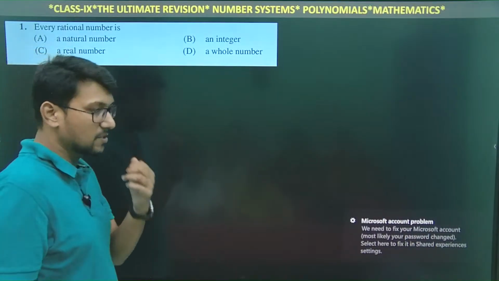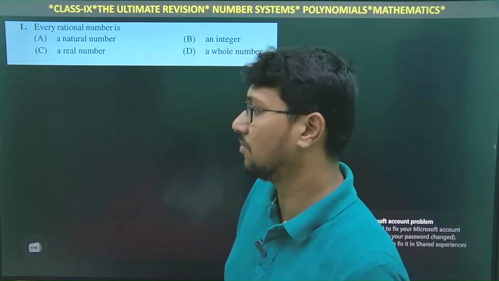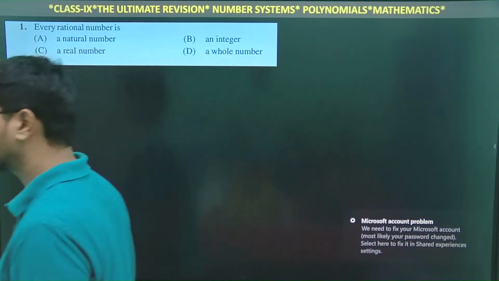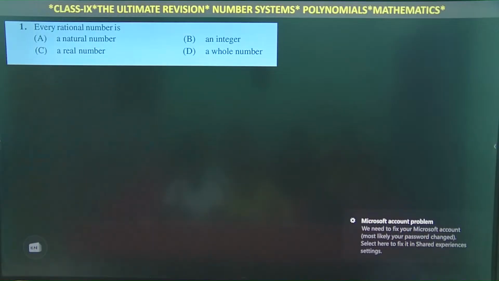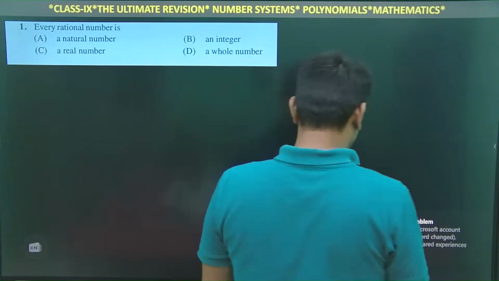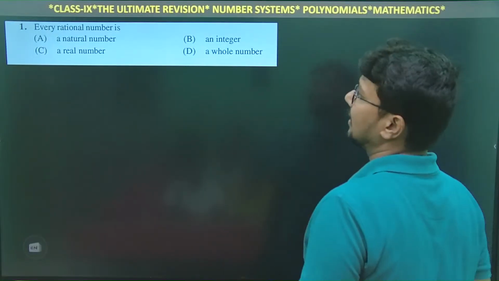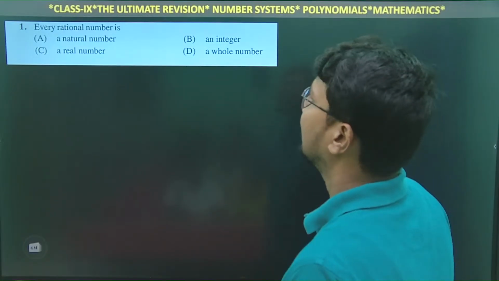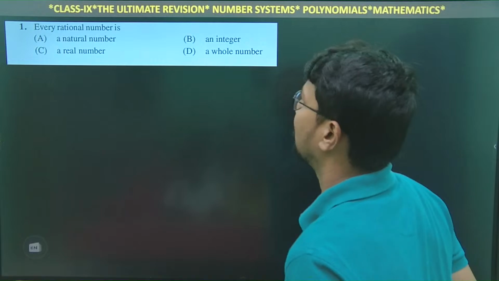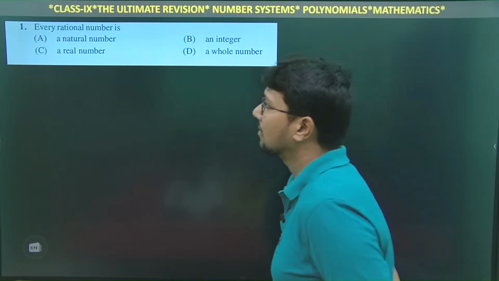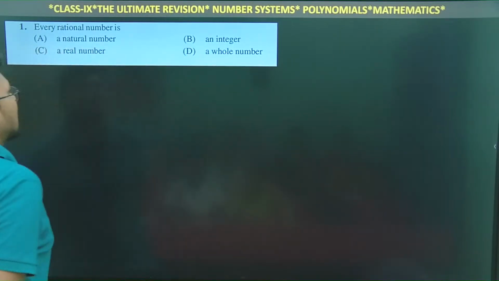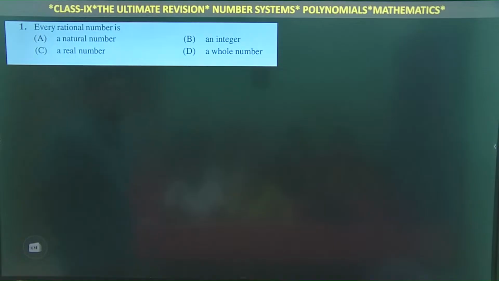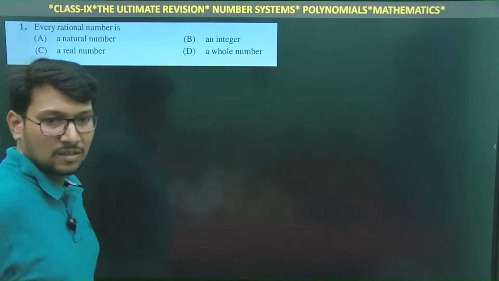So now, is the question visible? Okay, everyone, question visible? Chalo, see, the question is like this. Every rational number is a natural number, real number, an integer, a whole number?